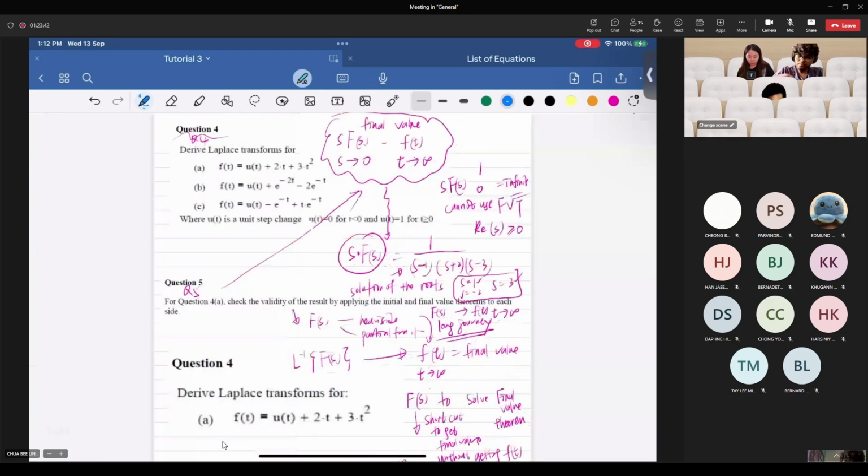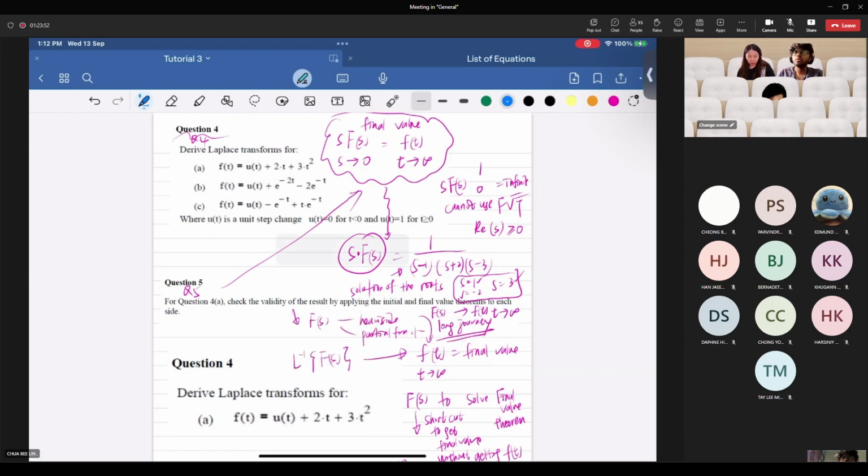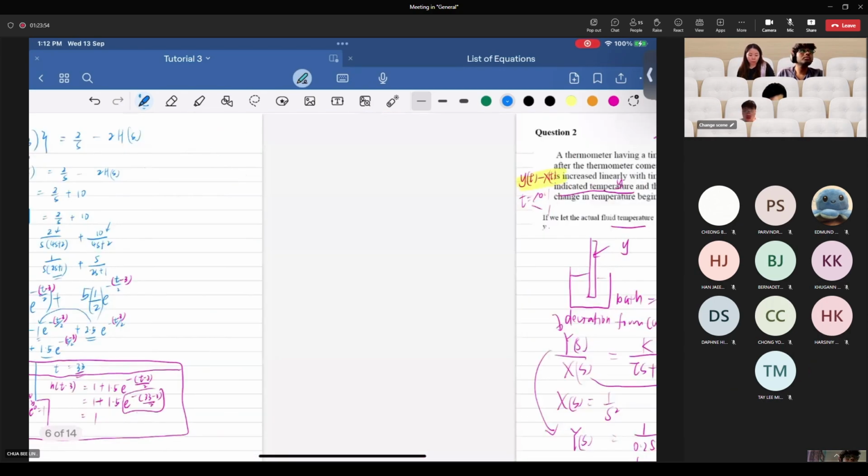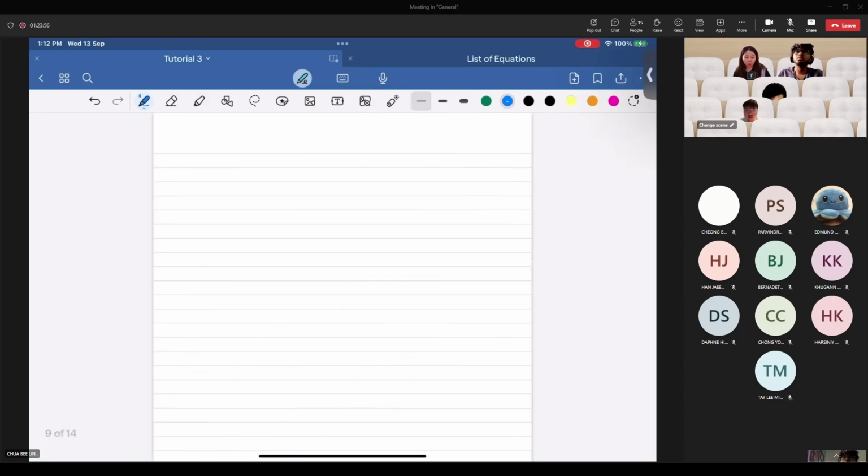The 5 value. So based on 4A, they ask you to find the initial and final value. So 4A is this one. So do some recap for initial value and final value.